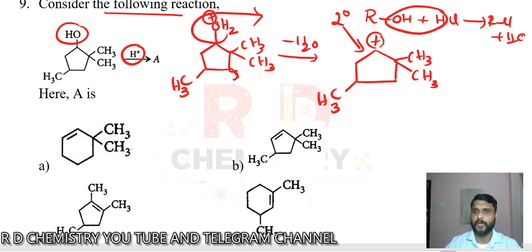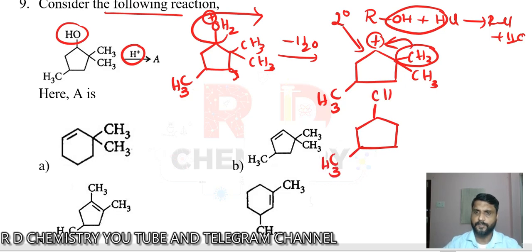preferred carbocation. So what we can do is shift this methyl group to this position. So now we get the new CH3 here, then here there is one CH3, but it has a positive charge. Now this is a tertiary carbocation.